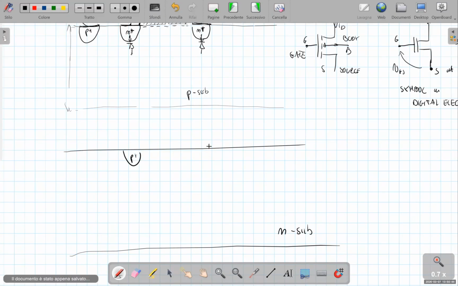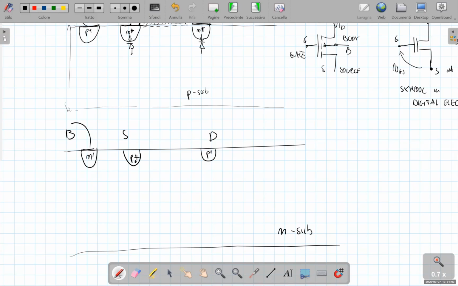So we have p plus source and drain regions, and we have an N plus bulk or body contact.